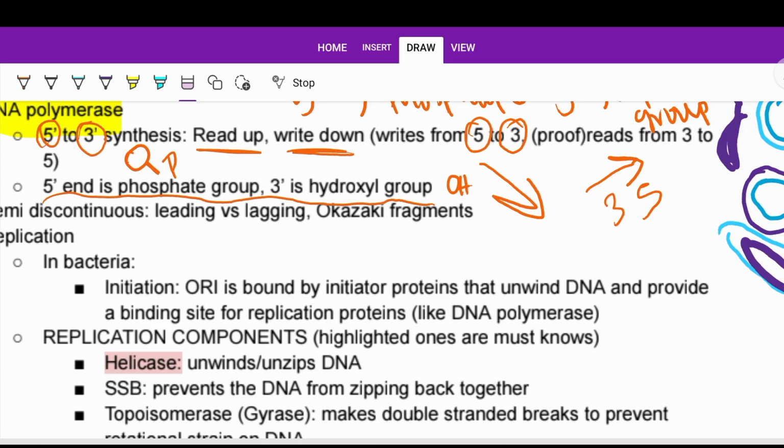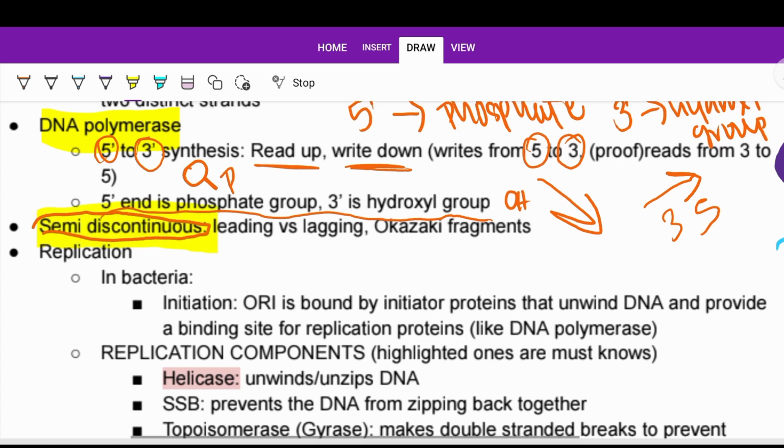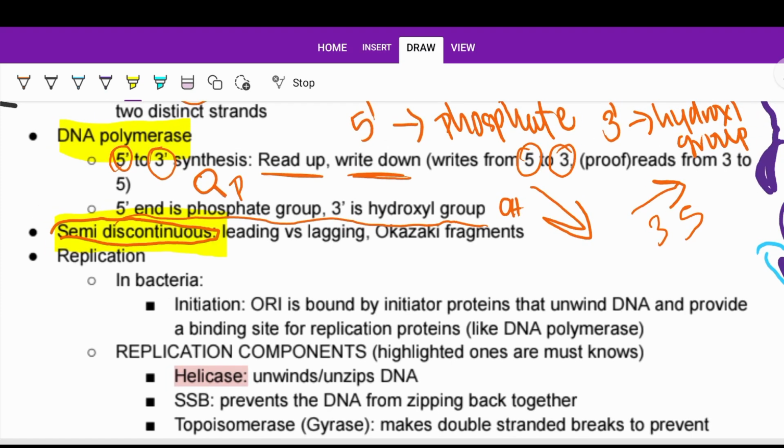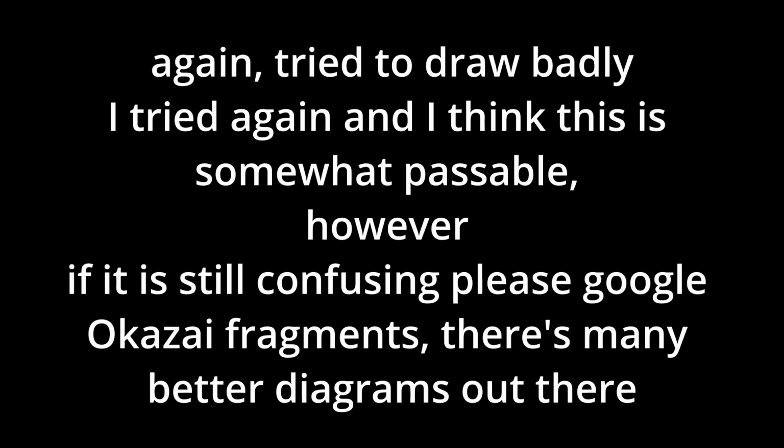But this process is semi-discontinuous. This is a big word, but it's really important. Semi-discontinuous and semi-conservative are the two words that you should probably know for the test because I promise you they will probably be on there. This is talking about leading versus lagging. Do you remember we said that it writes from 5' to 3', but it's a bubble.